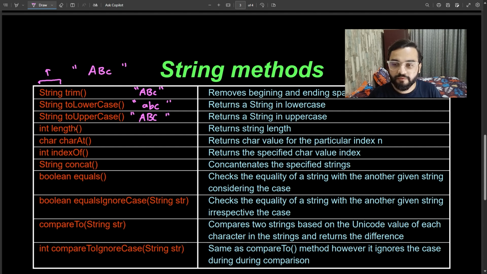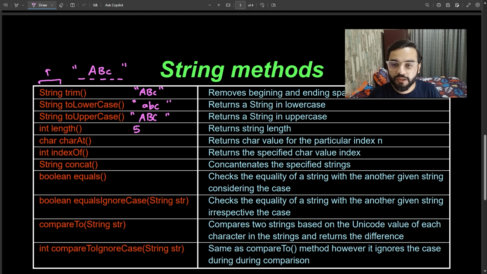Int length. When we use the length method, the number of characters present inside the string gives us the value of length. Inside this string we have a total of 5 characters, so the length method will give us 5, and you can see that the return type is int.